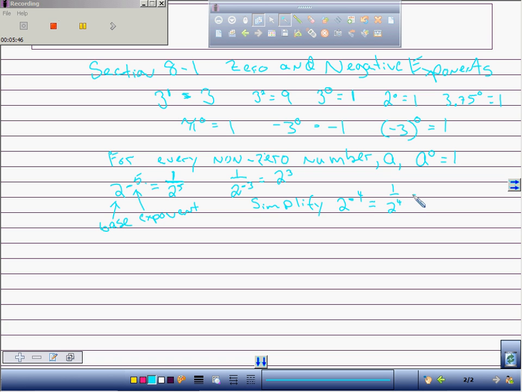Anyone know what 2 to the 4th is? That means 2 times 2 times 2 times 2. And AJ correctly said that that's equal to 1 over 2 times 2 times 2 times 2, which is 1/16. So that's what it means by simplify: write it as a fraction without any exponents, if you can.